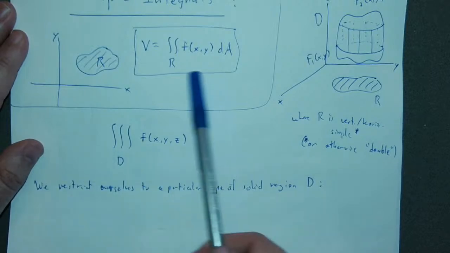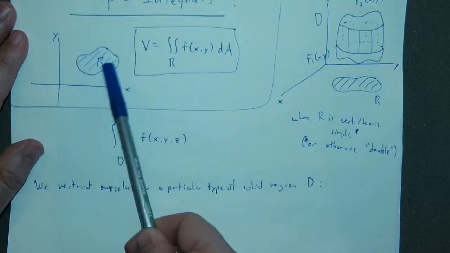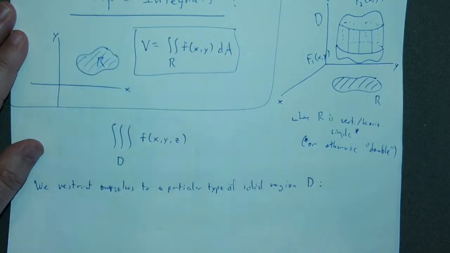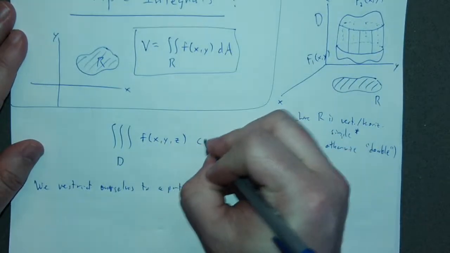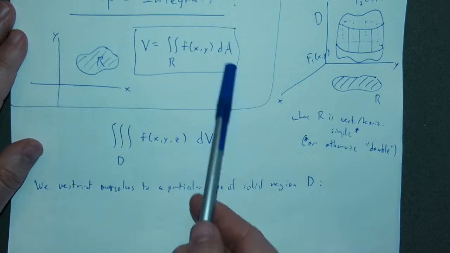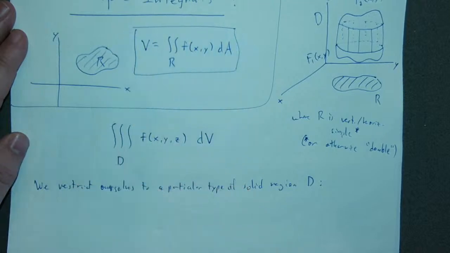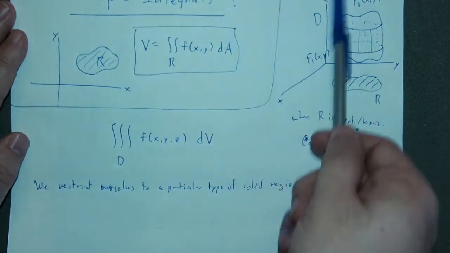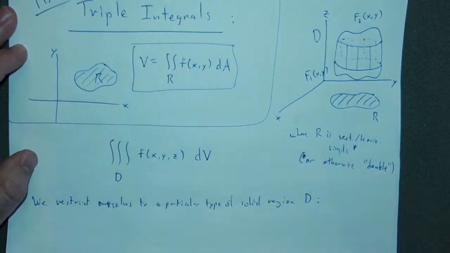In fact, if we're keeping the analog here, if this was dA, where A was an area we were integrating over, here we're integrating over a volume, so it makes sense that we should call this dV, fitting this pattern. But a single integral computes an area, that's Calc 1 and Calc 2 stuff. A double integral computes a volume. What does a triple integral compute?